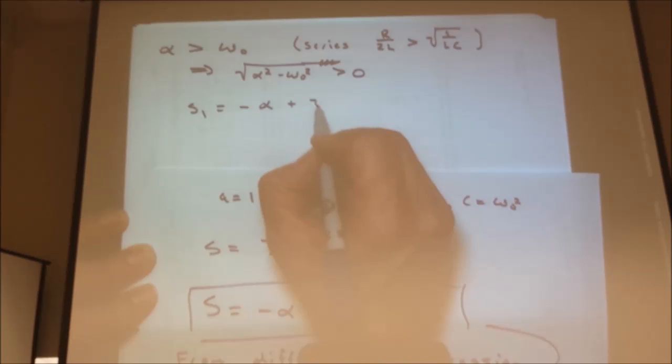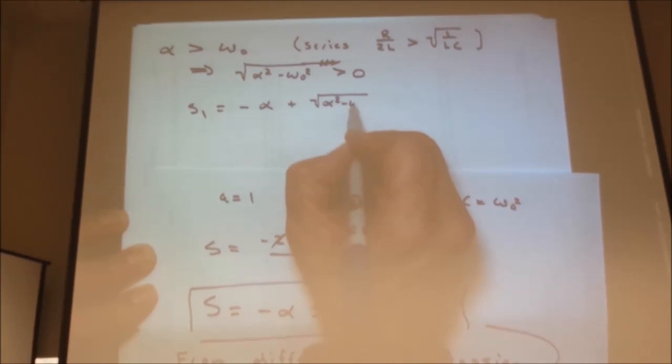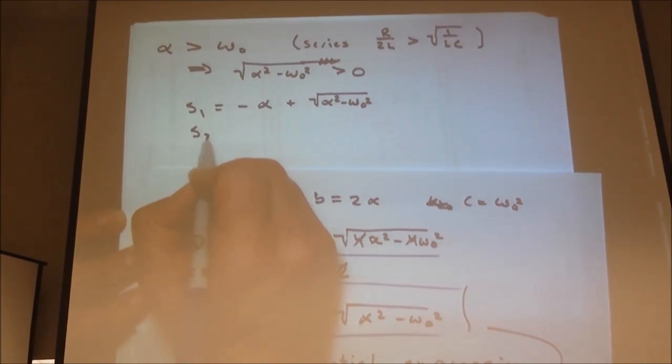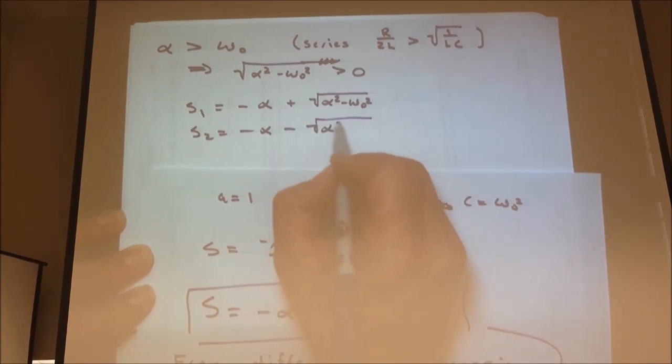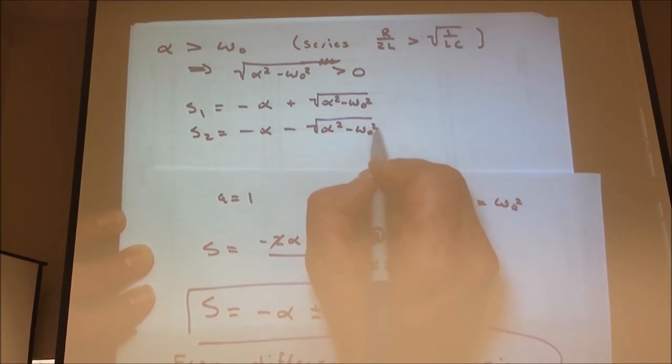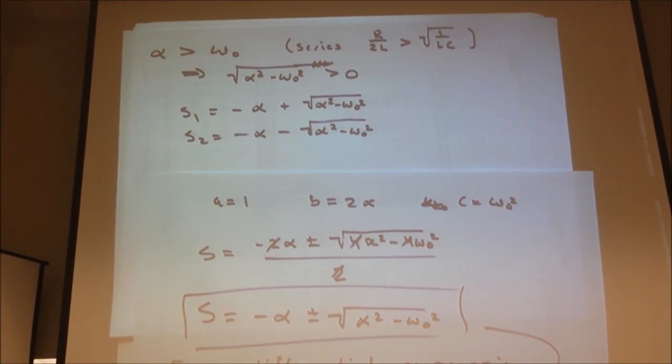S1 is minus alpha plus square root of alpha squared minus omega naught squared. And S2 is minus alpha minus square root of alpha squared minus omega naught squared. Right? I mean, it goes back to the quadratic formula. What does that mean for us?